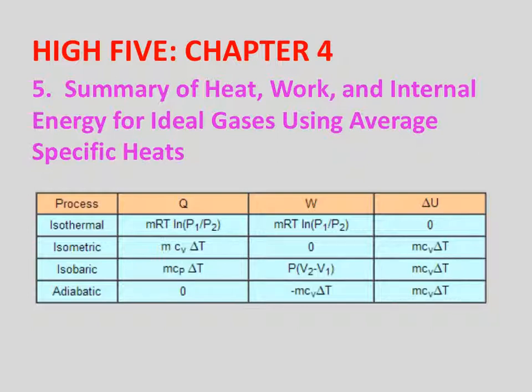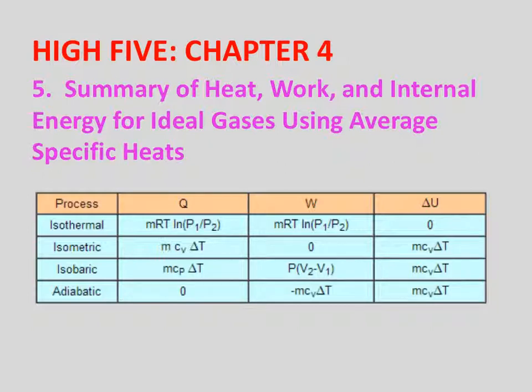For isometric, or constant volume, to find Q, it's mass times the specific heat for a fixed volume times the change in temperature. Work is 0 for a fixed volume. The change in U is the same as Q.